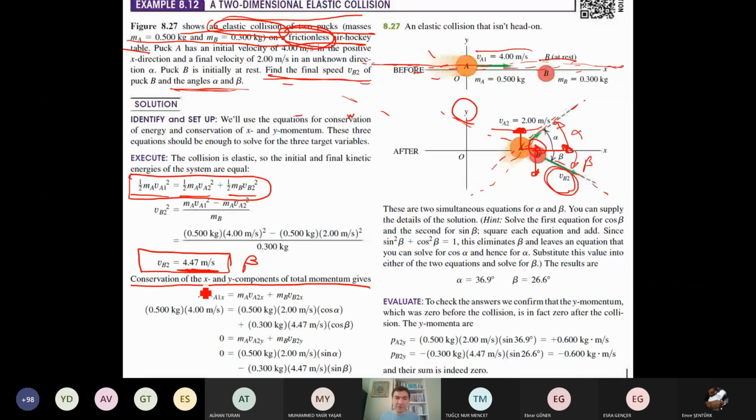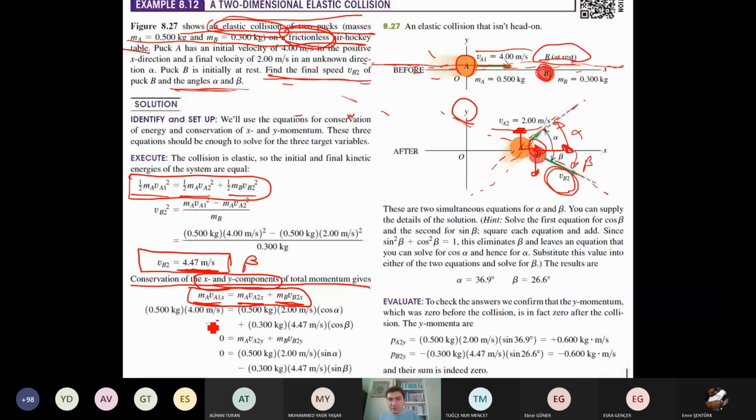Let me start with momentum conservation for the x component of the momenta. Before the collision, along the x-axis, A has a certain momentum, okay? And B has 0 momentum because it is at rest, okay, along the x-axis. So I can write this: the initial momentum of the A puck is equal to the final momentum of the A puck plus the final momentum of the B puck. Then I can get this expression. Here I have the initial momentum of the A puck. What about the final momentum of the A puck along x?